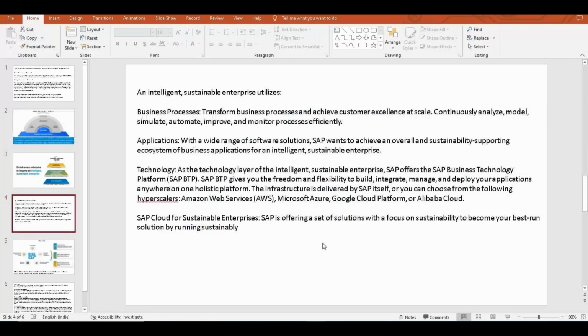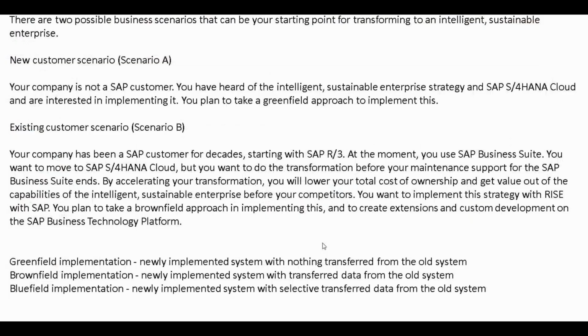This term Rise with SAP is very frequently used actually. And for every customer, in fact, for every person who is involved in these SAP solutions, it's important to understand what exactly this Rise with SAP is all about.